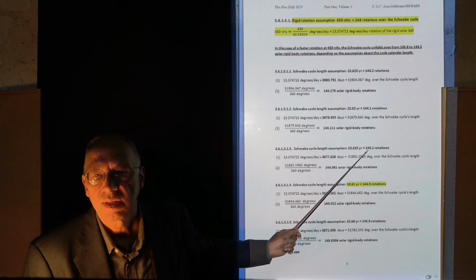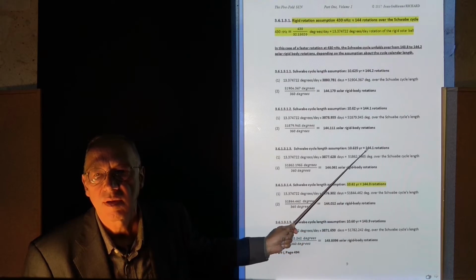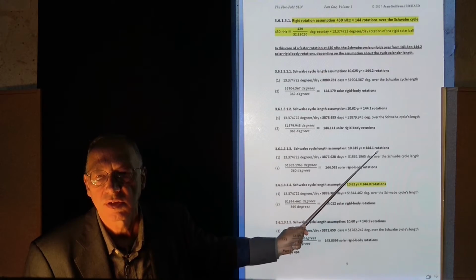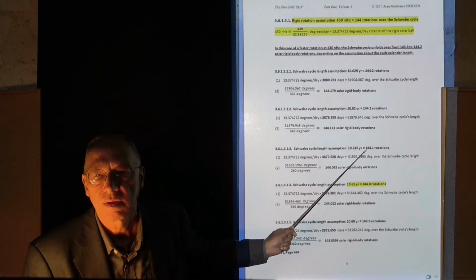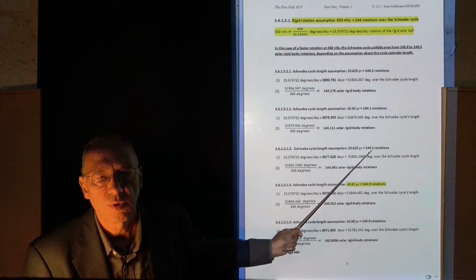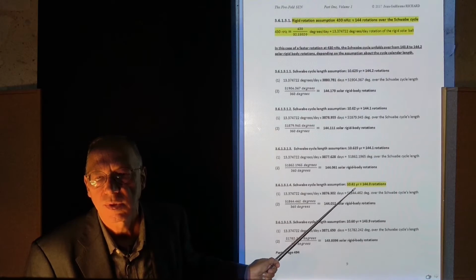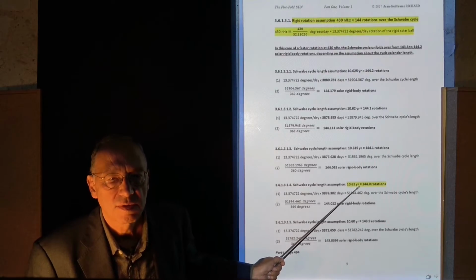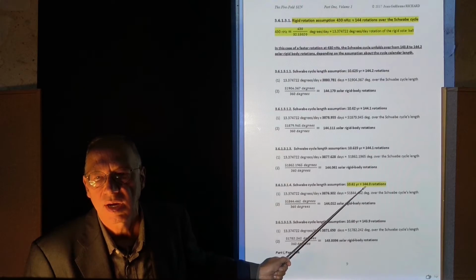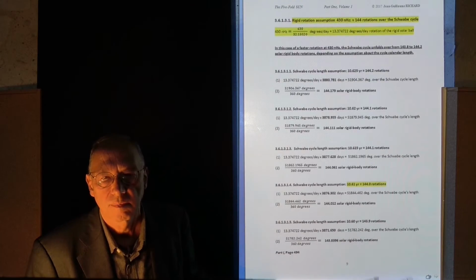And we see that in this case the number of rigid body rotations is 144.1. For 10.61 years, the number of rigid body rotations is exactly 144.